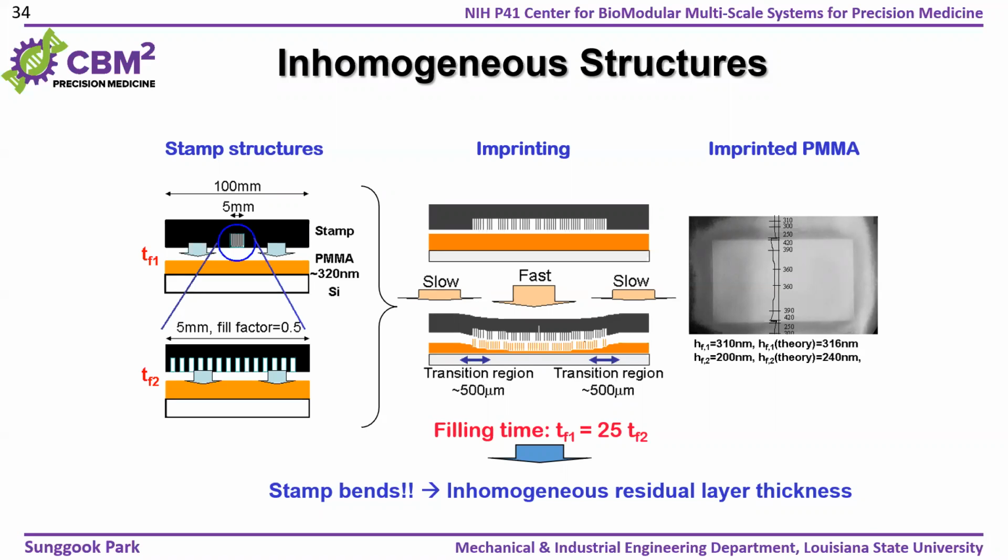If you use a very thick mold and a very thick substrate, I think it should be okay. But if you use a very thin resist layer, and you use silicon as a stamp, the filling time will be different, so that ultimately the thickness of the residual layer will be inhomogeneous over the area, which may produce some defects in the final molded structures.